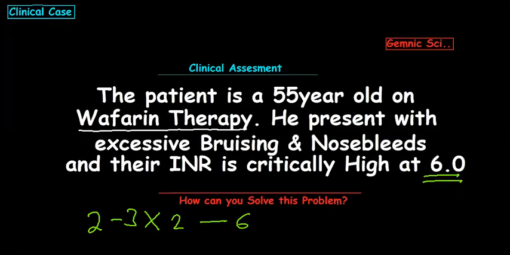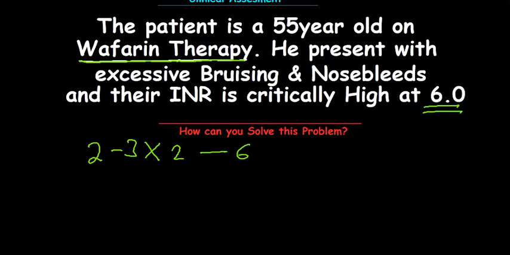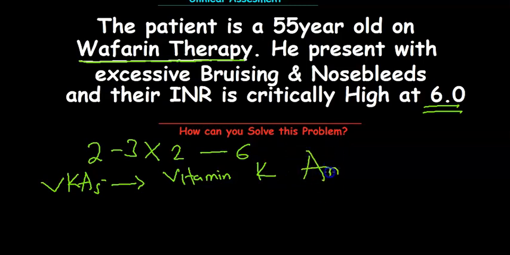Another important thing which you need to take note of is the warfarin therapy. So, what is warfarin therapy? Remember, in our previous video on anticoagulation drugs, we talked about warfarin, which is a drug that falls under the class of drugs known as the VKAs, which simply stands for vitamin K antagonist.